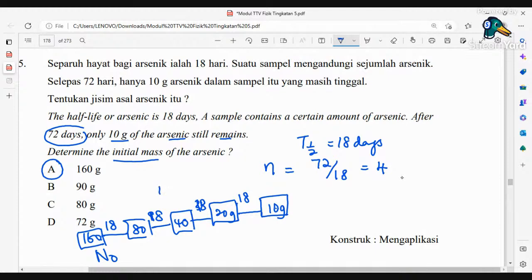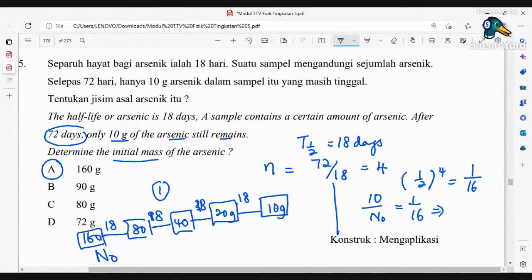This is one method. If we want to use a formula also can. If the number of half-lives n is 4, the fraction left equals 1 over 2 to the power 4, which is 1 over 16. So the fraction 10 gram over initial will be 1 over 16.